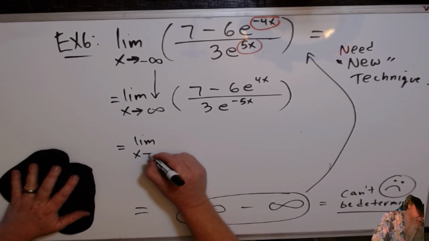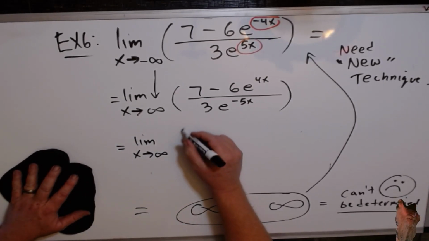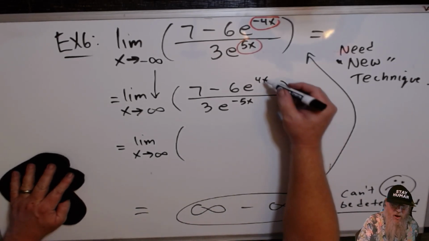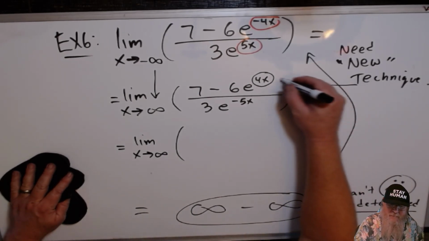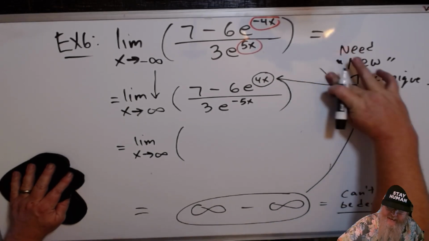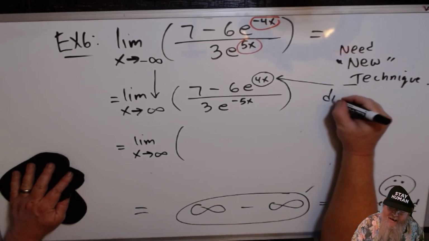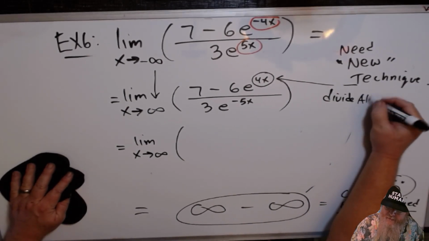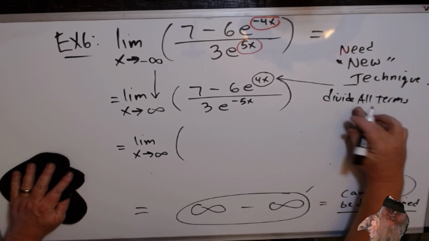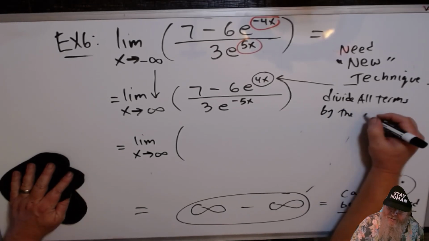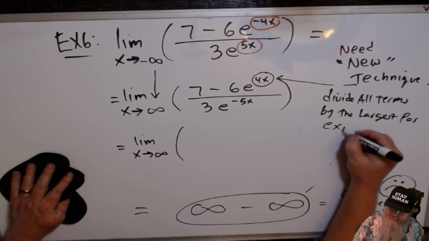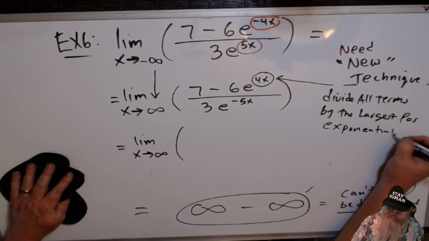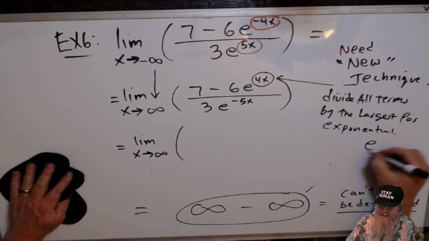And now I'm going to divide all of the terms by the largest positive power. So the new technique is to divide all the terms by the largest positive exponential. So that'll be e to the 4x.